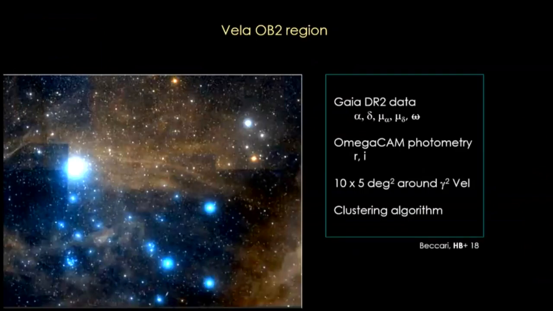And so we looked at another region, which is the region Vela OB2. And there again, we had the Gaia data about this. So it was 50 square degrees around the bright star Gamma Velorum, and we applied again the clustering algorithm on this region. And this is the result.